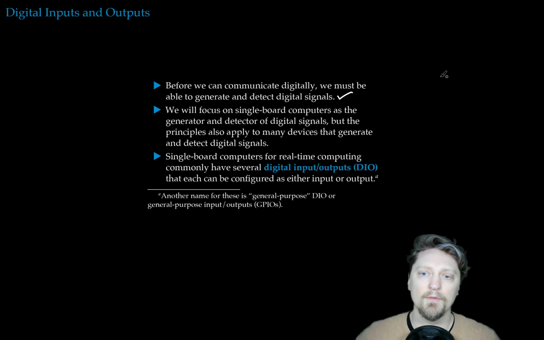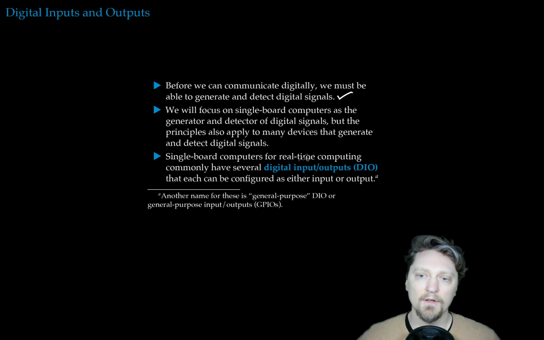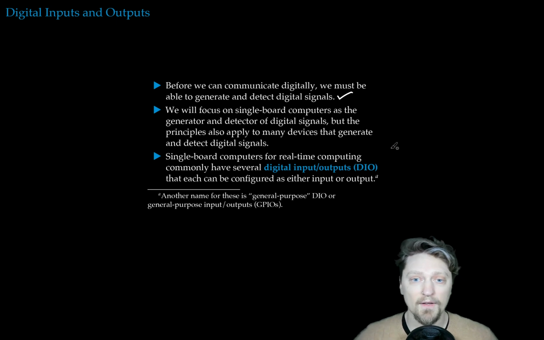Single-board computers for real-time computing commonly have several digital input-outputs, DIO, that each can be configured as either input or output. Sometimes these are called GPIOs, or general purpose input-outputs.